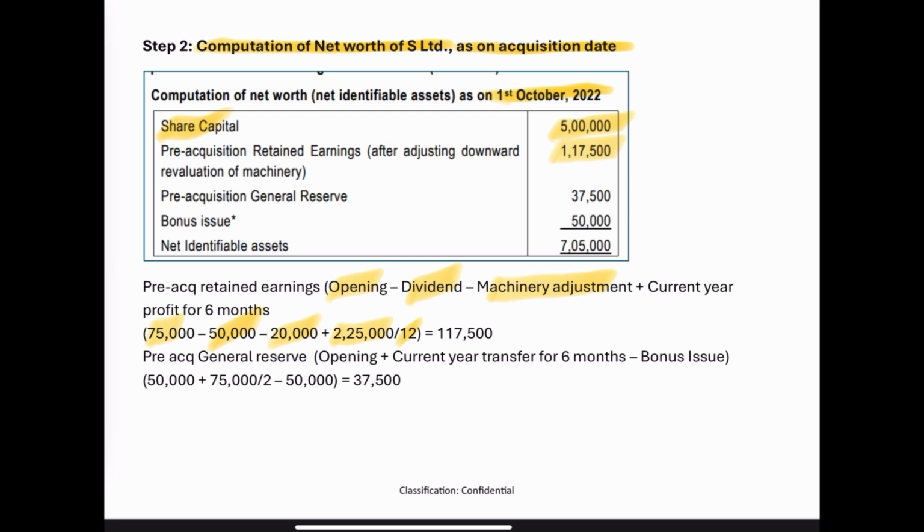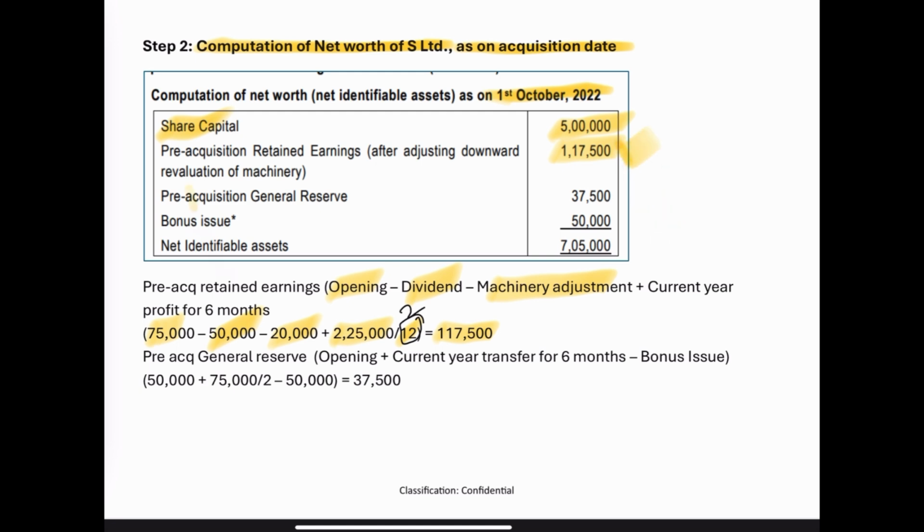So if you compute all those things, it will add up to 117,500. Okay, one small correction. So this is not 12, this is 2. Okay, yeah. So that's how this 117,500 has been derived.